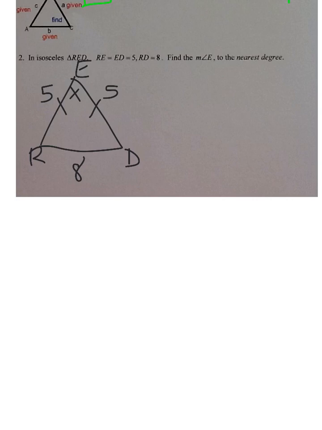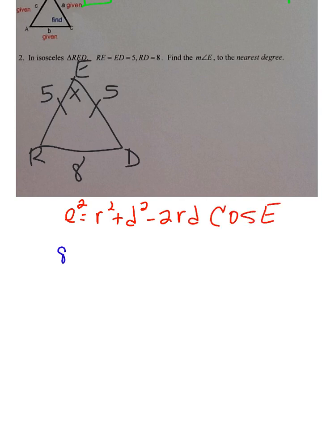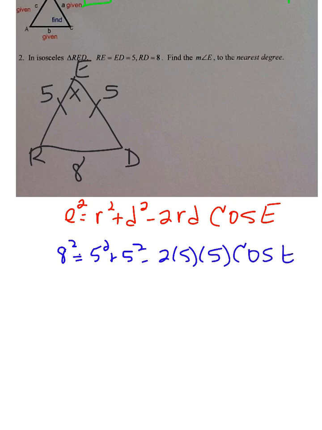So my setup would be, since I'm finding angle E, e squared equals r squared plus d squared minus 2rd cosine of angle E. So I would have 8 squared equals 5 squared plus 5 squared minus 2 times 5 times 5 cosine of angle E, that's what I'm looking for, angle E, remember. So I have 8 squared is 64 equals.